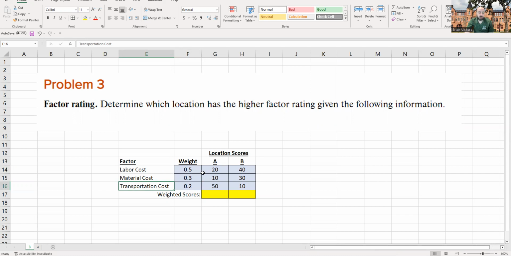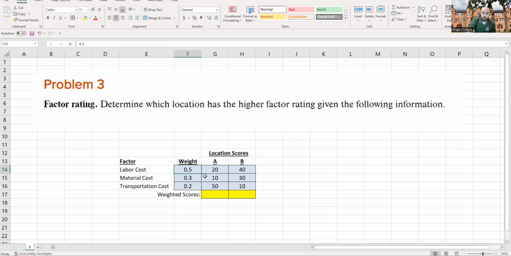And we've gone to the location, and the labor cost score is pretty good. So not the cost, but the cost score is pretty good at B, not as good at A. Material cost also better at B. Transportation costs, though, much better at location A. However, we care way more about the labor cost than we do the transportation cost. 50% of our total score is going to be based on the labor cost score.